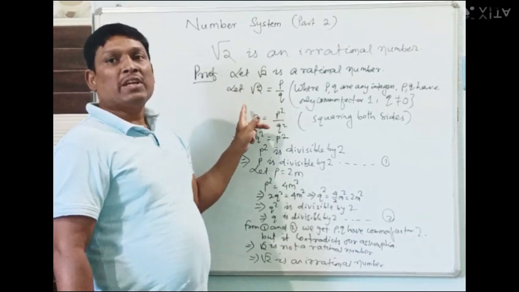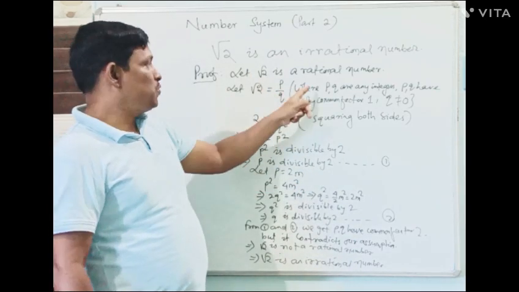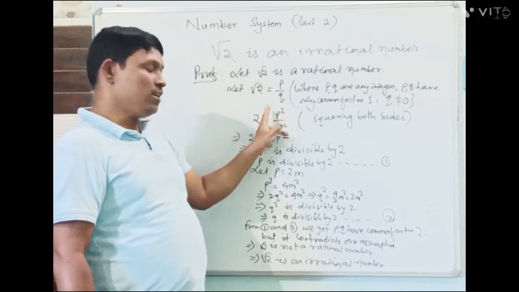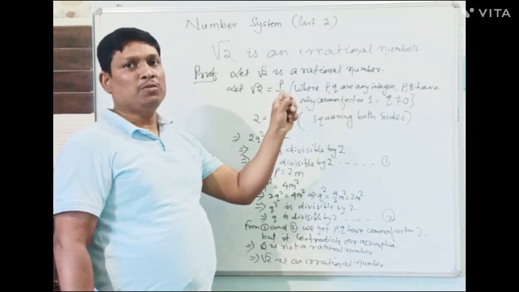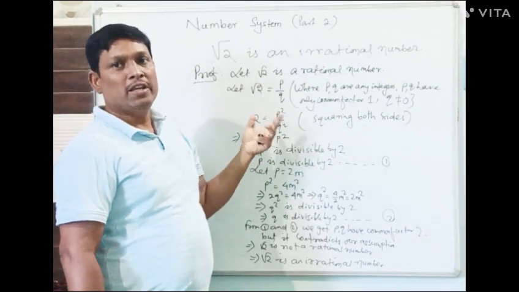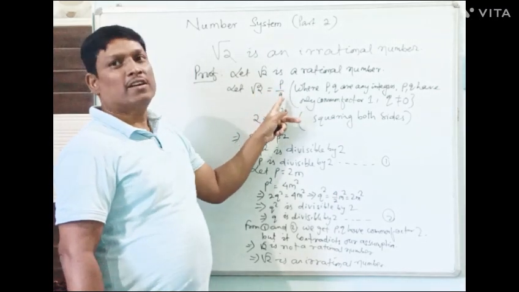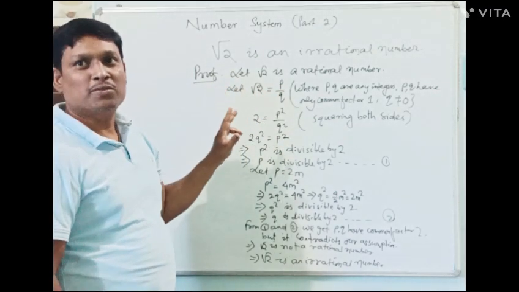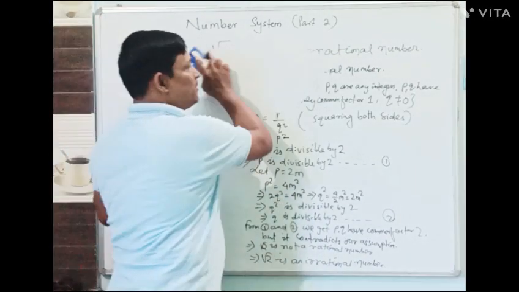That means root 2 cannot be represented in the form of p by q. Because we took p by q first, and then we got that root 2 is not a rational number. That means root 2 is an irrational number. Understand?